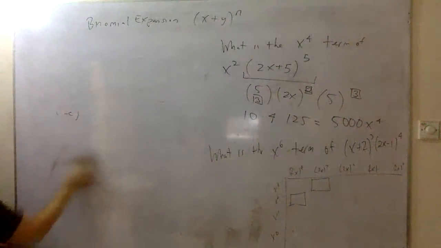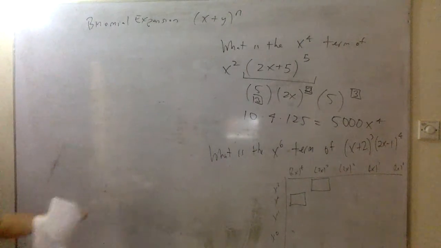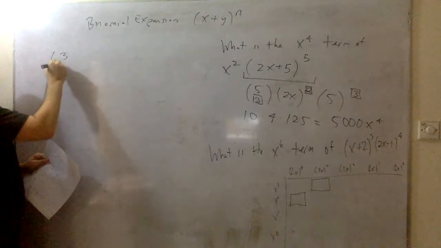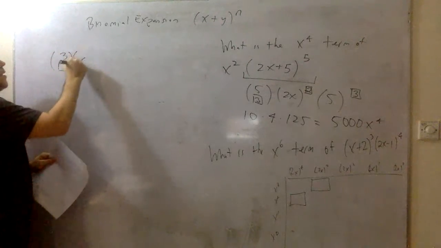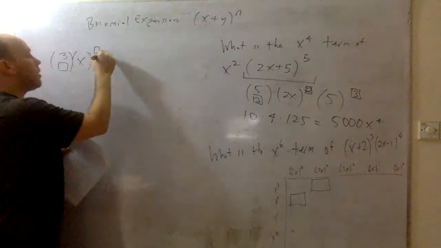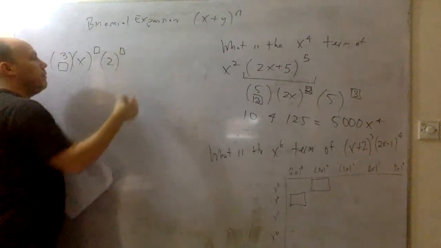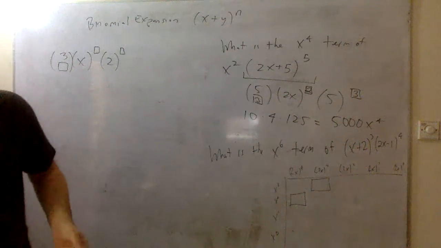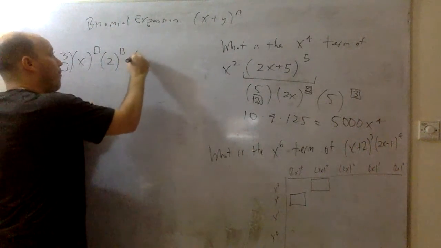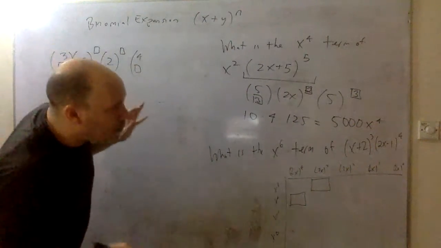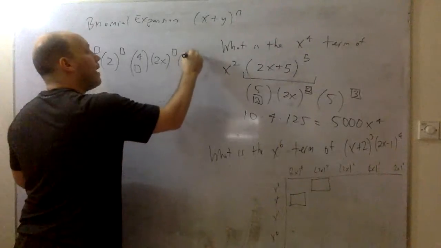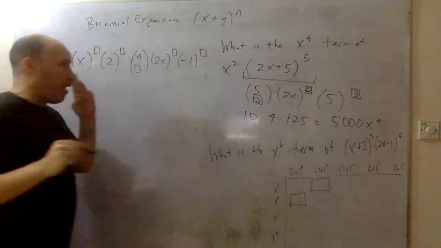First of all, what are these two expansions in general? The first one is 3 choose something, x to the something, 2 to the something. And we're multiplying it by another expansion, which is 4 choose something, 2x to the something, -1 to the something.